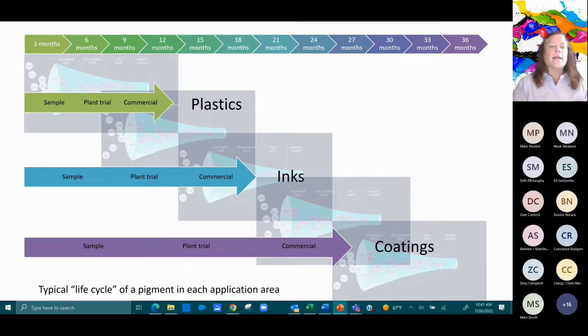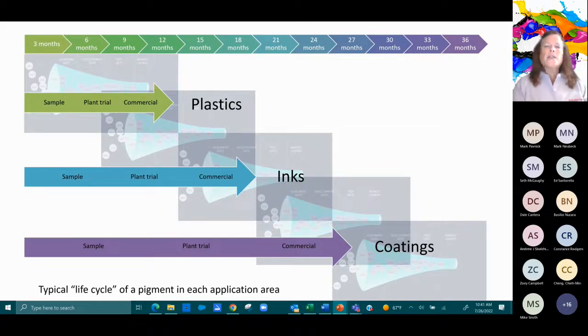Our experience has shown that in the 3 different application areas, plastics, inks, and coatings that we work with, we've typically found in the plastics area anywhere plus minus a 12-month cycle time from the initial samples to when the product begins its commercial use with the customers.